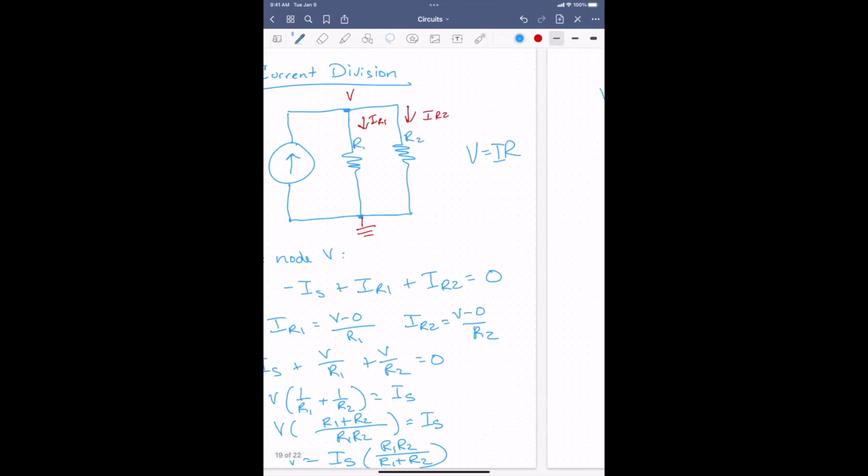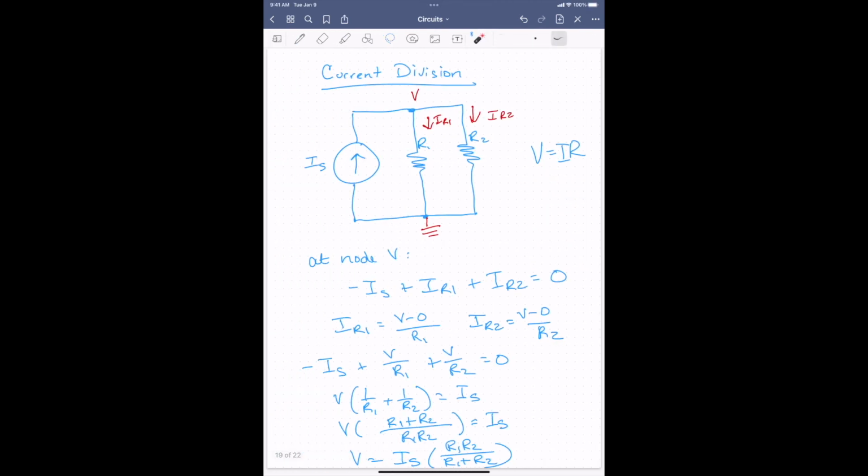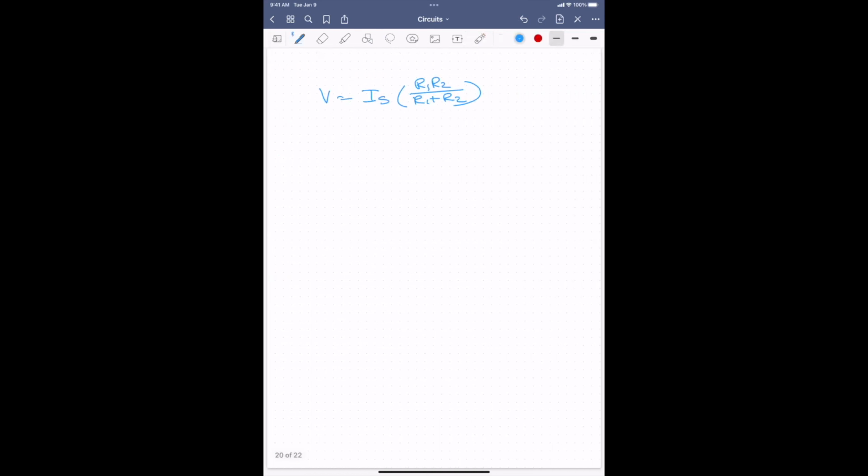So we know from our circuit that IR1 is going to be the voltage V divided by R1. So we can say IR1 is equal to V divided by R1, which will give us IS times R2 over R1 plus R2.